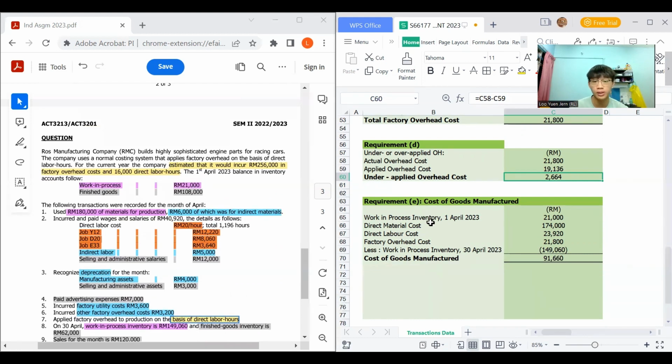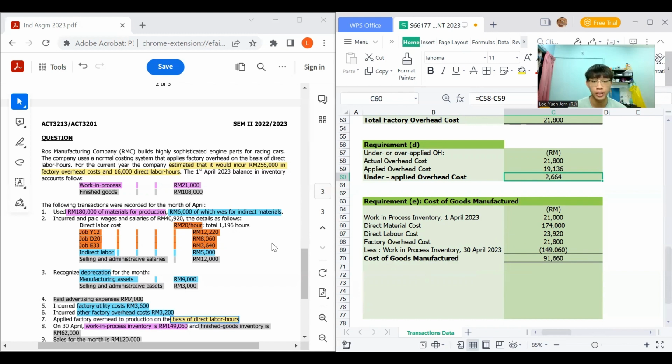The work in process inventory for the beginning can be found from here. There is 21,000, and the direct material cost can be found from here. There is 180,000 of material for production, minus the 6,000. So the answer is 174,000. The direct labor cost is found by adding all of the jobs, so the answer is 23,920.